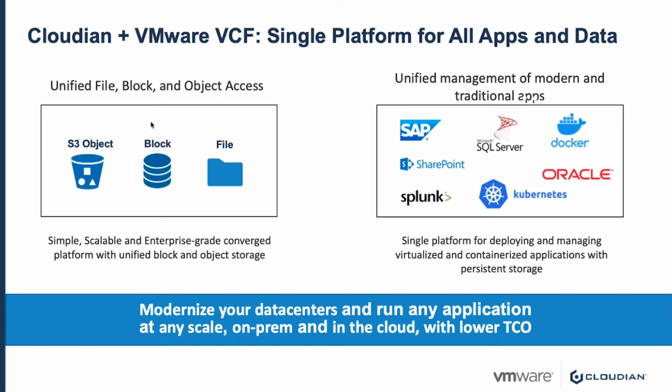So with this integration, what we are doing is we are making it easy for our customers to deploy and manage different types of applications on the existing vSphere platform, so that they don't need to choose different siloed infrastructure for their modern as well as traditional applications.